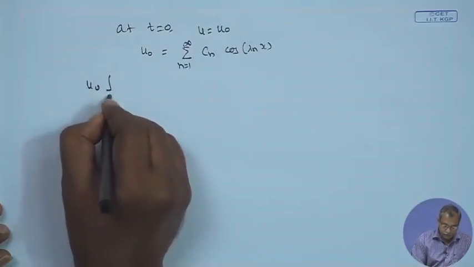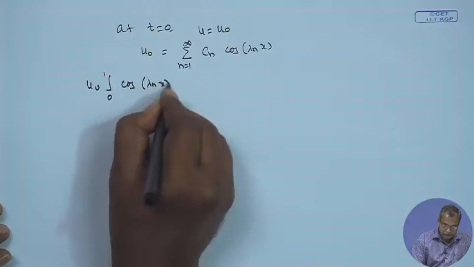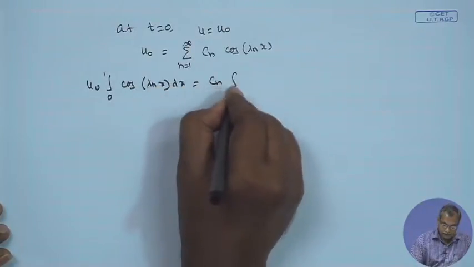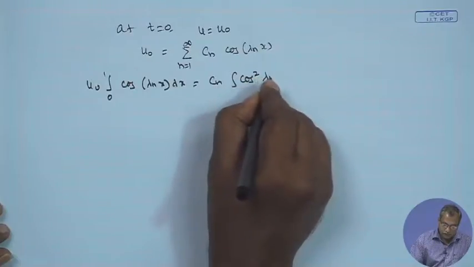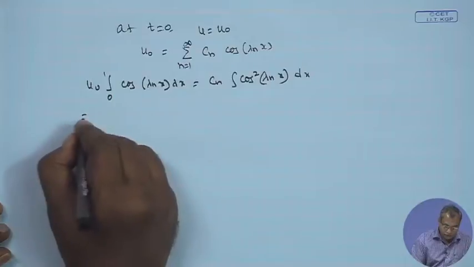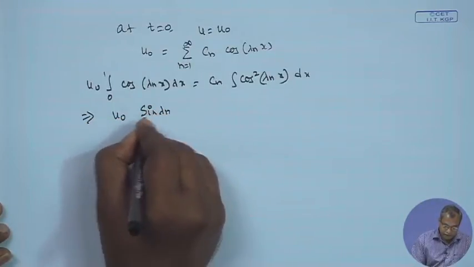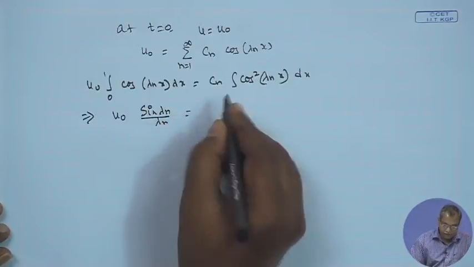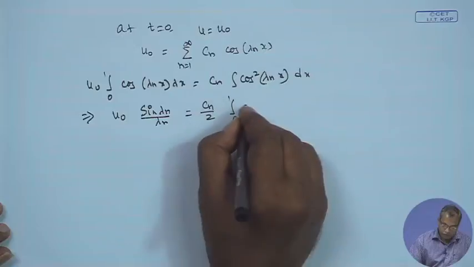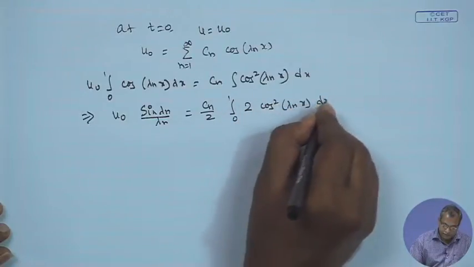So, u naught integral 0 to 1 cosine lambda n x dx is equal to Cn integral of cos square lambda n x dx. On the left hand side we get u naught sin lambda n divided by lambda n, and on the right hand side we have Cn by 2 integral 0 to 1 of 2 cos square lambda n x dx.